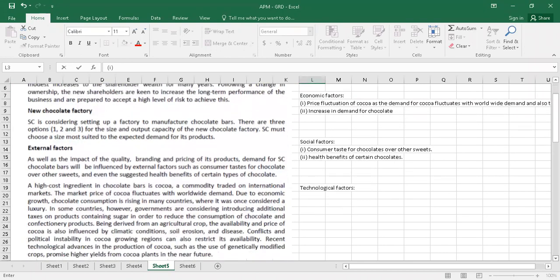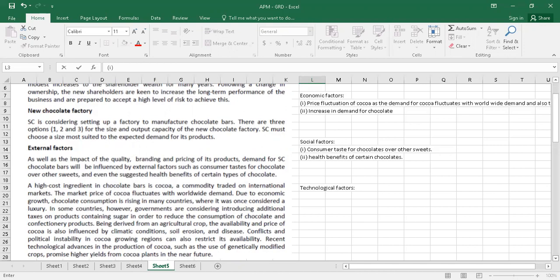Governments are considering introducing additional taxes on products containing sugar in order to reduce the consumption of chocolate and confectionery products. So there is a decision from the government side that they want to reduce the consumption of chocolates. The government also wants people to reduce the consumption of tobacco products and alcohol products.